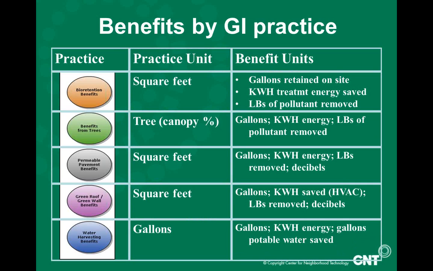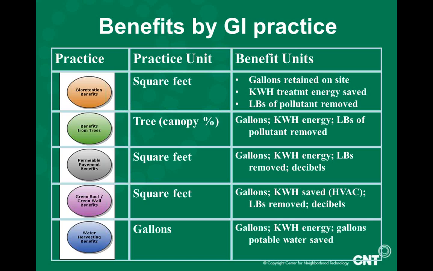Okay. So here is sort of behind the scenes in the calculator, or in the valuation guide rather. On the left-hand side, we focused on 5 kinds of green infrastructure in those categories as you see listed on the left. In the middle, we just show the ways we measure the practice, the green infrastructure practice. So it's either square feet or percentage of coverage of a canopy or gallons of water being harvested or collected.